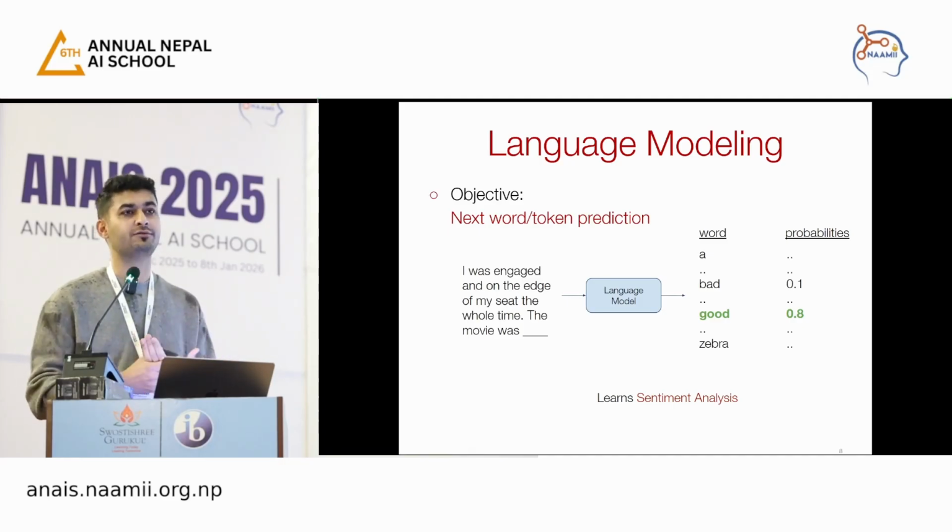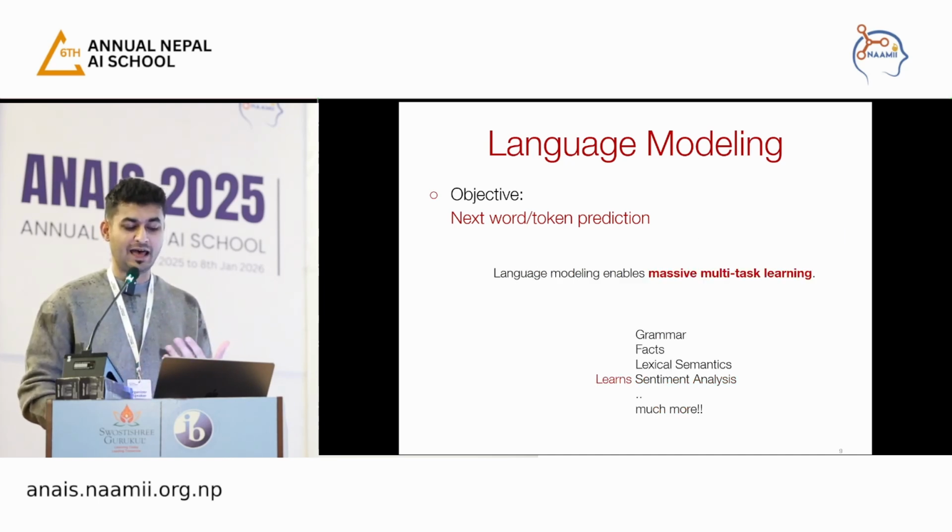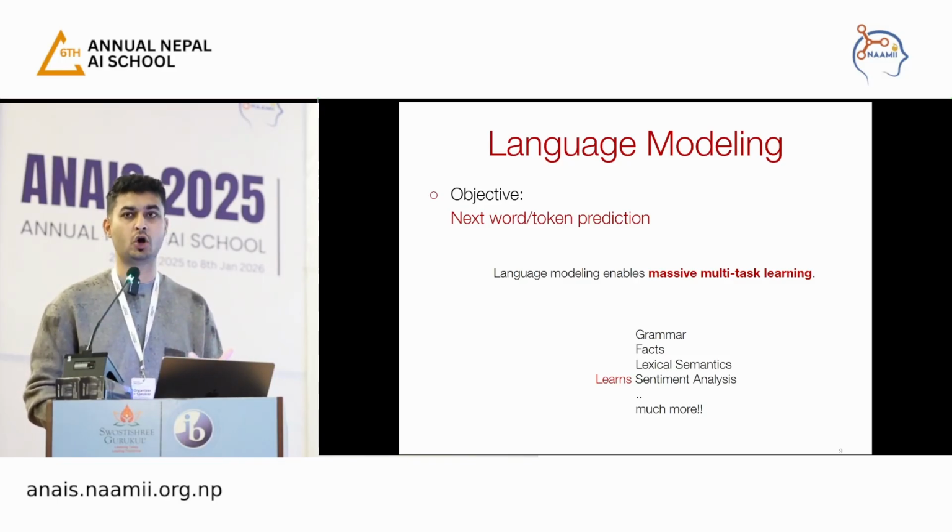So we don't need a separate model. Rather, next token prediction also enables learning these kinds of tasks, which 5 or 10 years ago were a different area of developing sentiment analysis models or maybe movie rating models. What's happening is that with this very simple framework of next word prediction, for which you don't need supervision, you can just take the whole internet's text and create a training corpus.